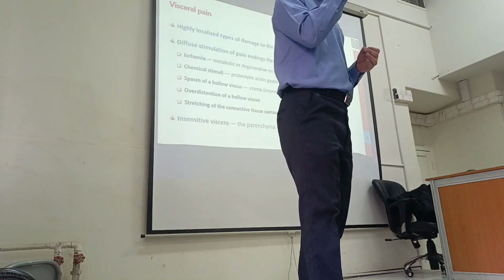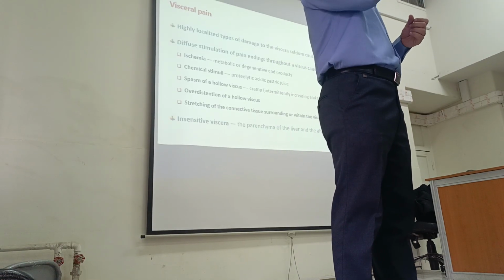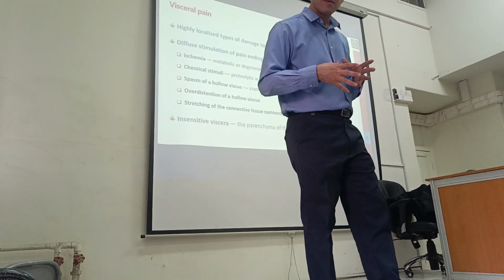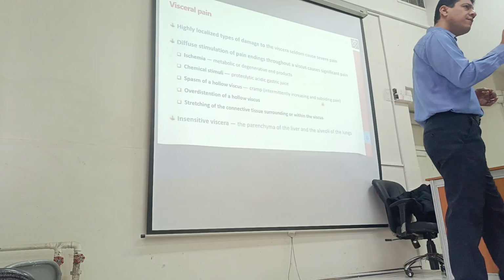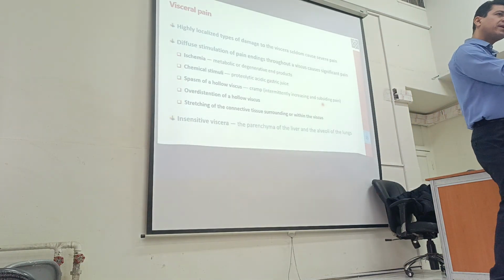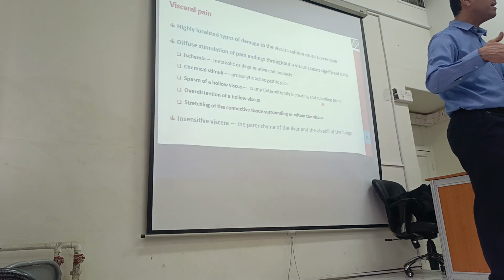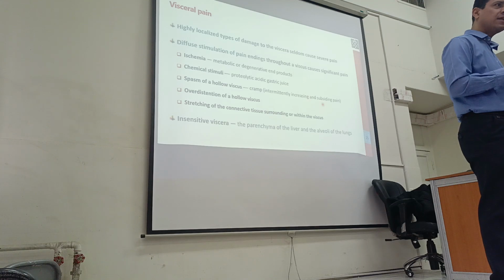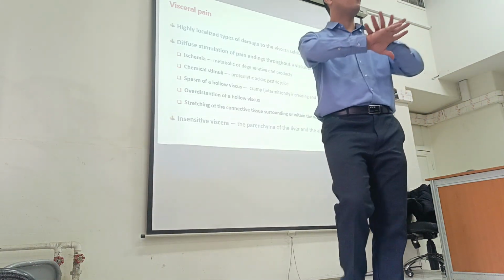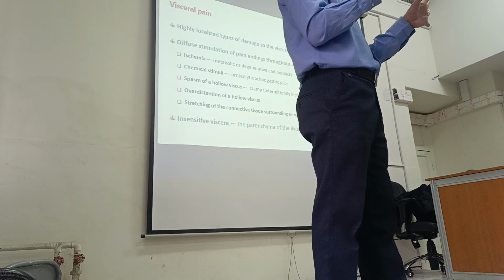But the type of stimulation of nociceptors in these areas is different from stimulation that happens in somatic areas, right? In somatic areas, even a small injury causes pain. But here, sharp and small injuries don't usually cause pain in internal organs, right? For having pain in internal organs, we have widespread stimulation, not very sharp stimulation.